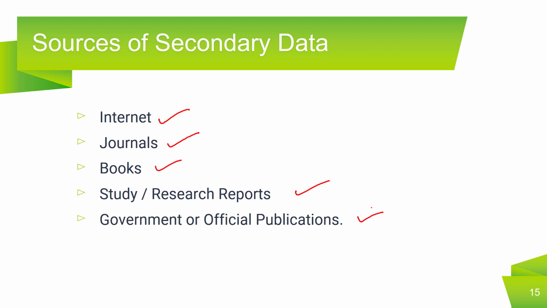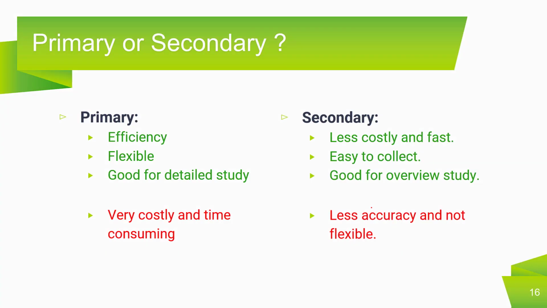And there is no hard and fast rule on how you can collect secondary data. You can collect this data as it pleases your objectives, right? So here is a comparison between primary and secondary data. The good thing about primary data is it is efficient, flexible, and good for detailed study.